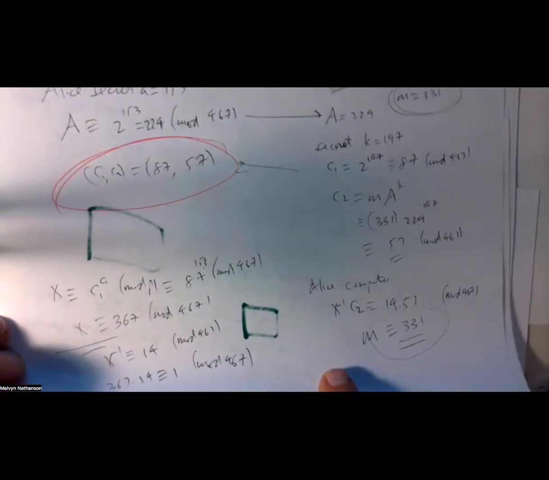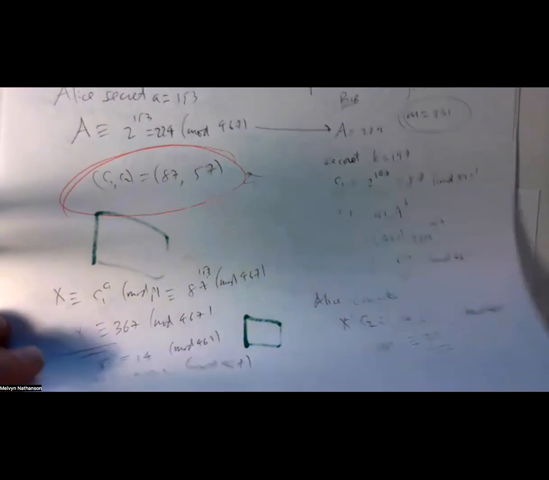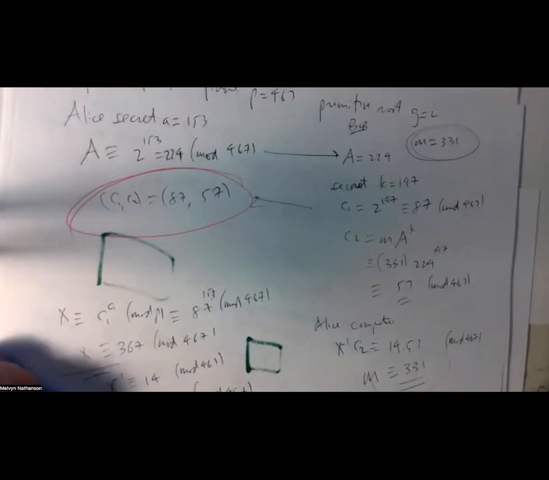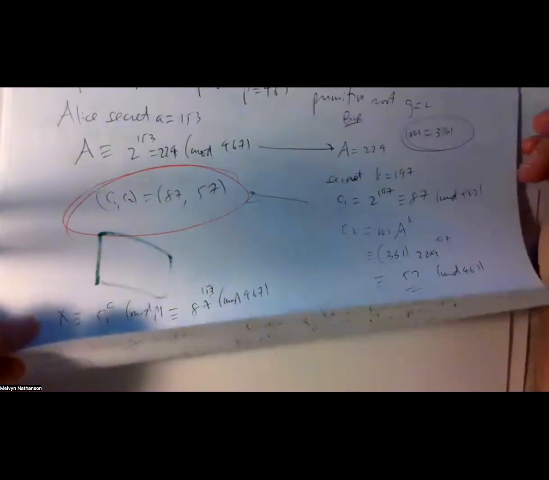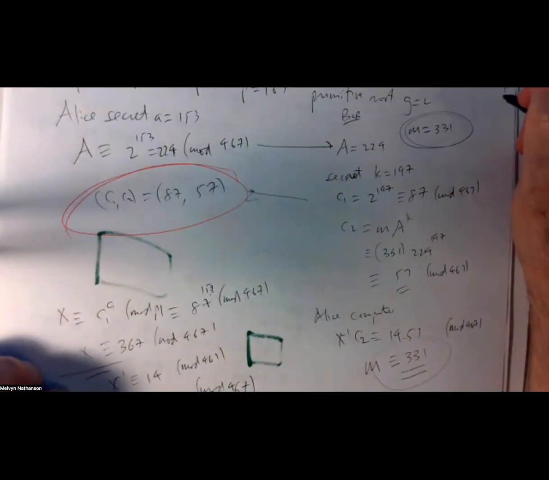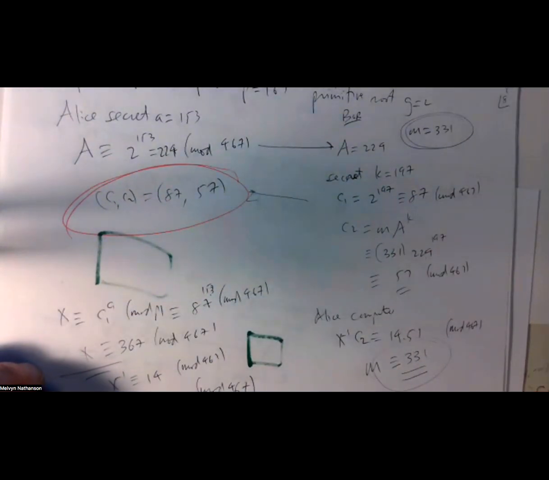And in this case, only one person will send C1, C2, not both? Right. Bob sends C1 and C2 to Alice. And that's how he has encrypted his message M into this pair of numbers.